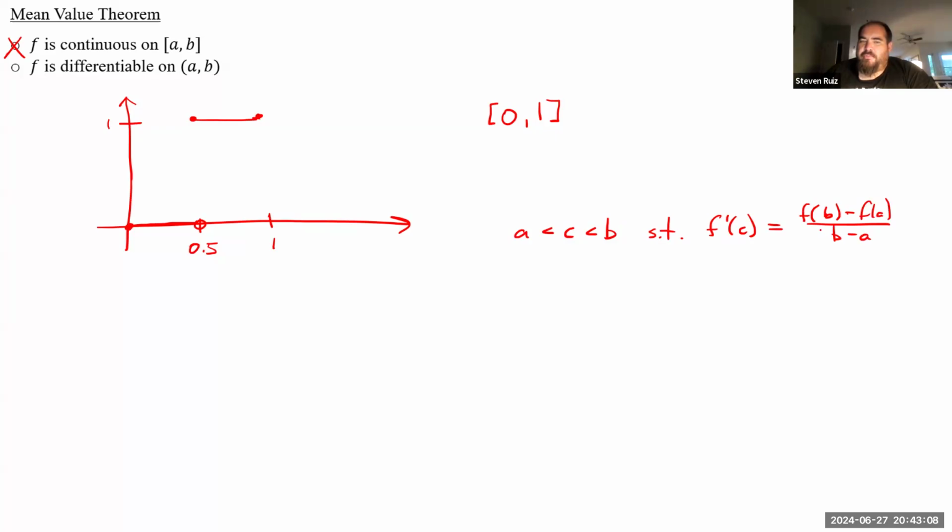Or, it seems like a lot of the language that you all prefer is this: the instantaneous rate of change at a single point in the interval matches the average rate of change taken across the entire interval.